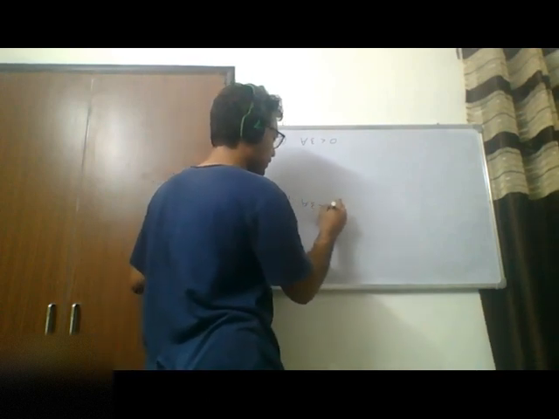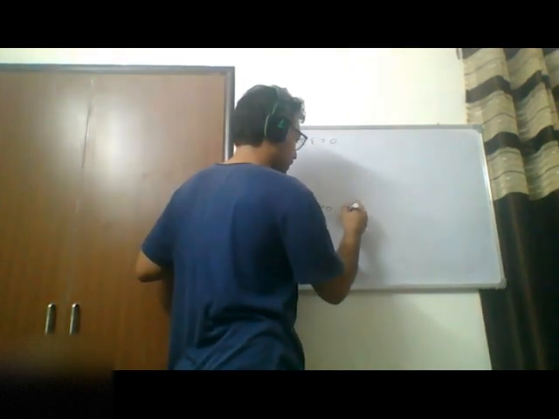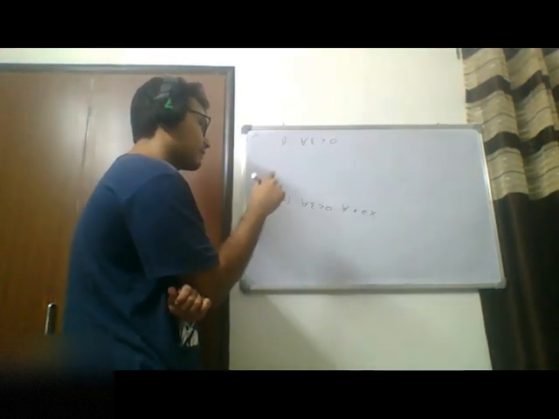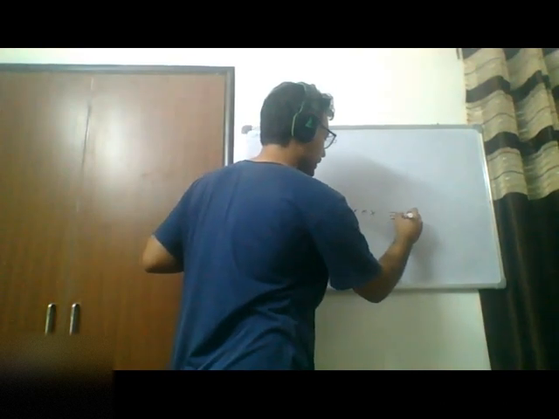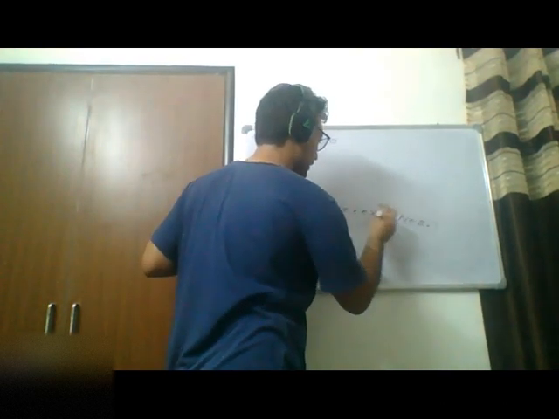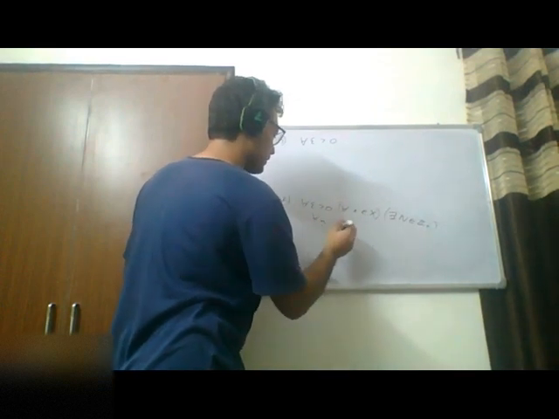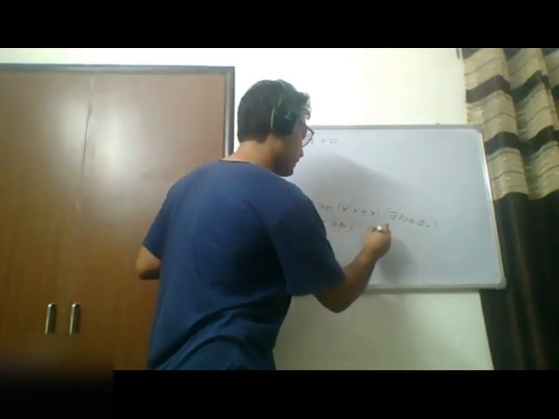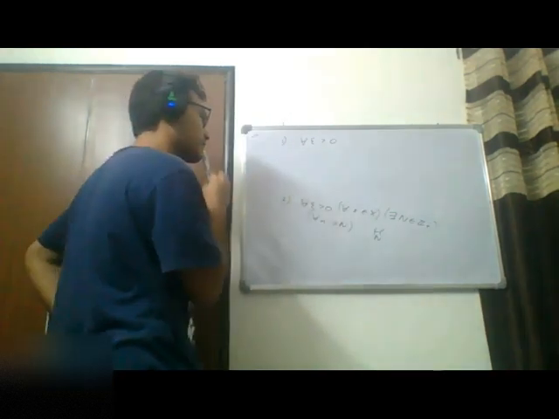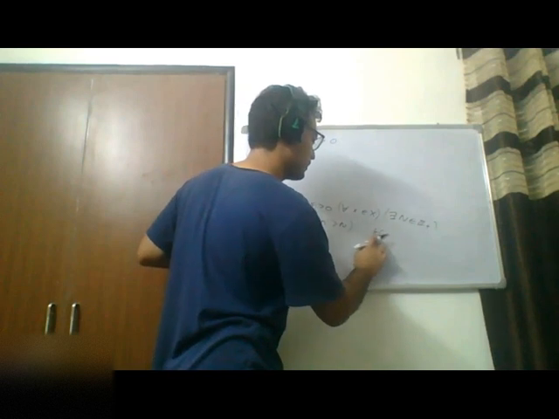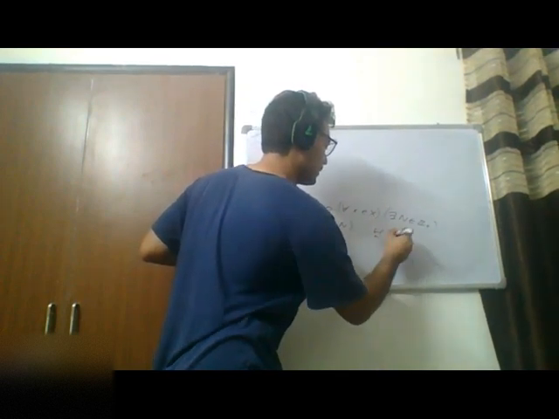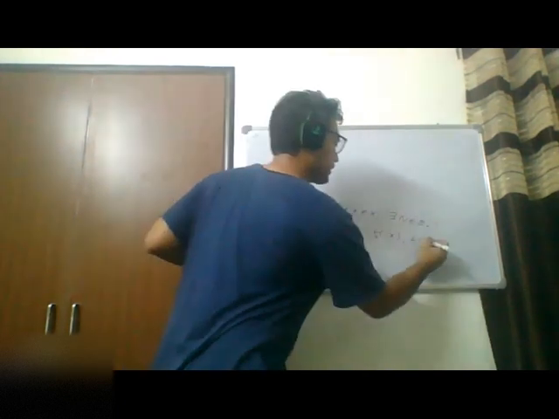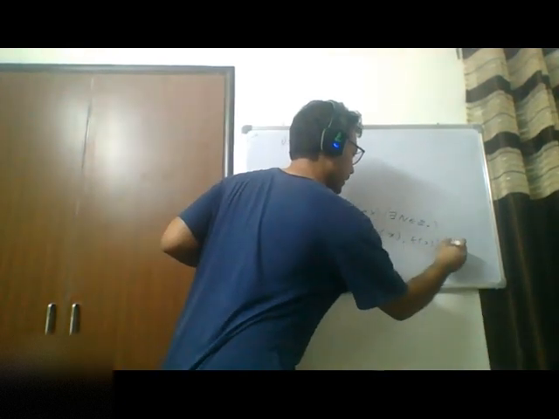So for all epsilon greater than 0, for all x belongs to X, there exists n belongs to Z plus such that for all n greater than or equal to N, f_n of x and f of x are within epsilon.